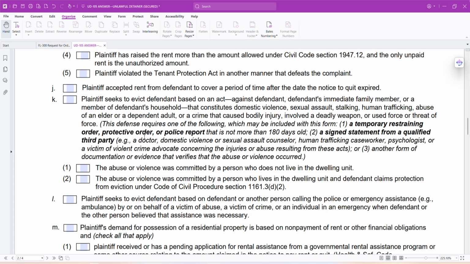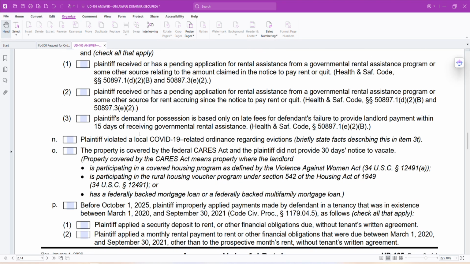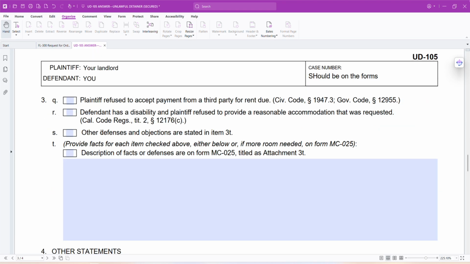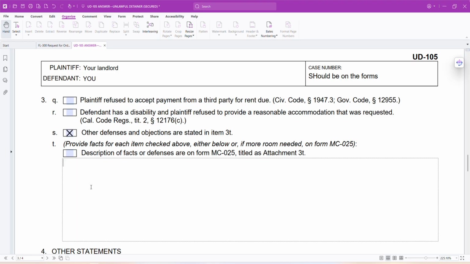When you get down to S, you can mark that box, and then in this space you can write out anything else that supports your side of the story.